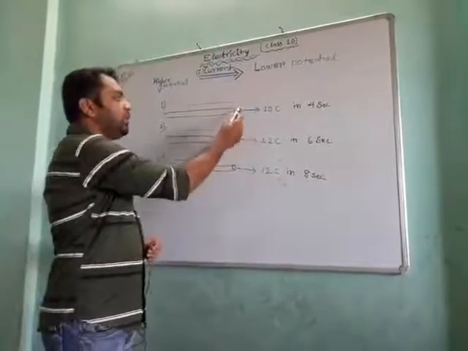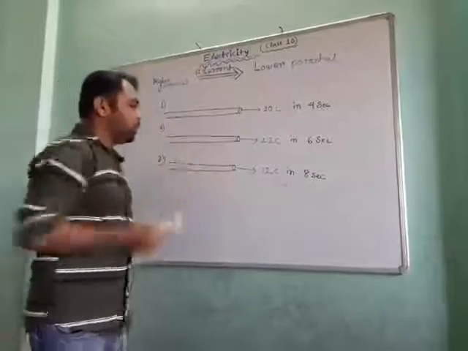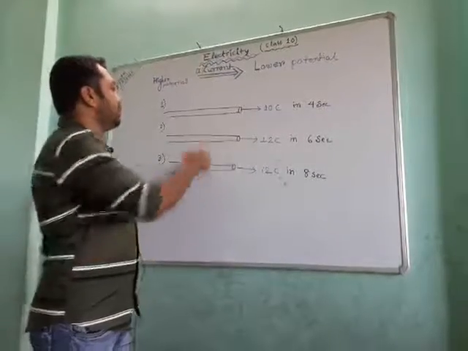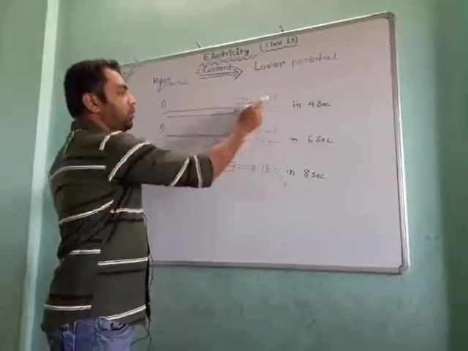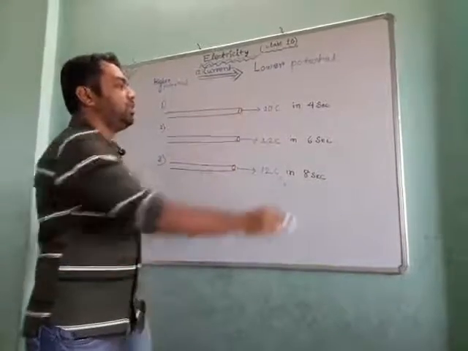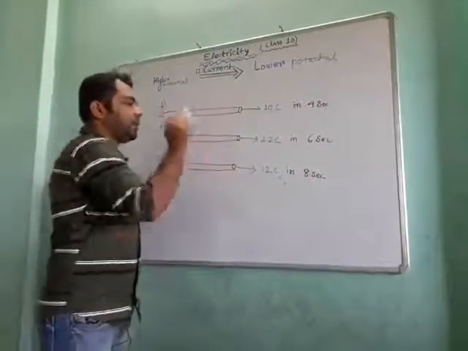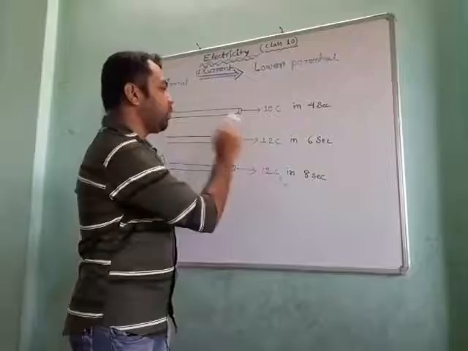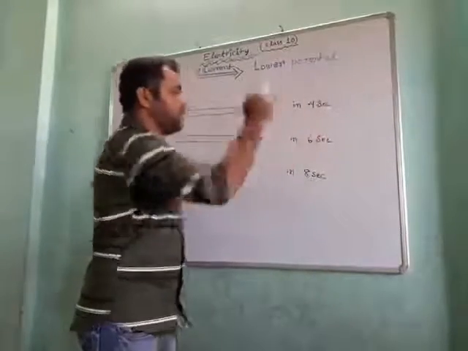Suppose we have three wires, wire number 1, wire number 2 and wire number 3. Through the first wire, 10 coulomb charge is passed in 4 seconds. Through the second wire, 12 coulomb charge is passed in 6 seconds.